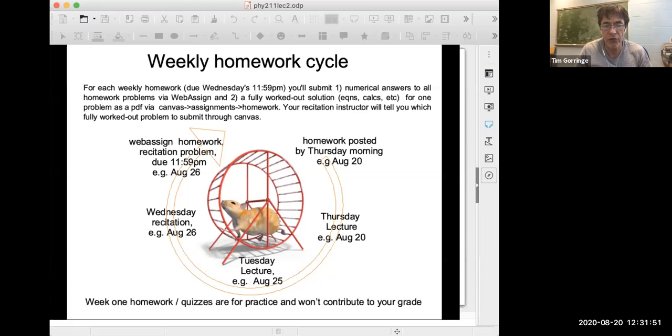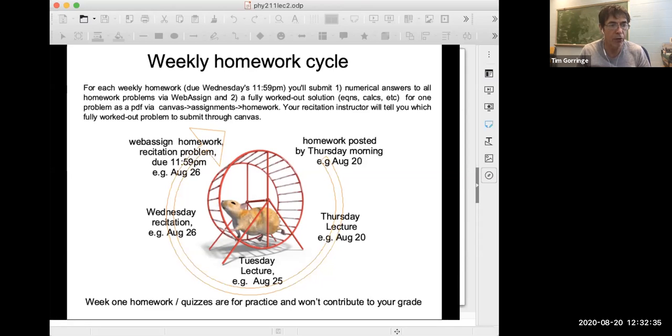You have to have submitted your numerical solutions to all of the problems on WebAssign by midnight on Wednesdays. And you also submit a fully worked out problem, with equations, with diagrams, with calculations onto Canvas by midnight on Wednesday. And your recitation instructor will tell you each week what particular worked out problem they are collecting. So the WebAssign collection and the Canvas collection are from the same homework set.